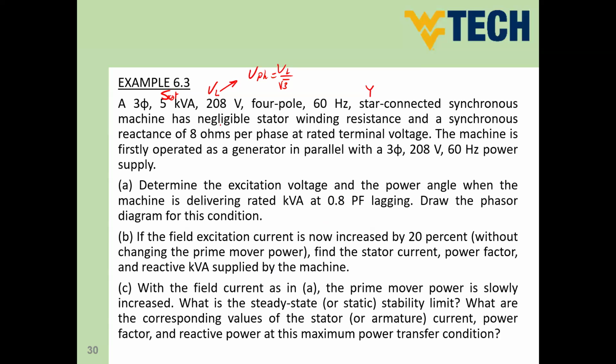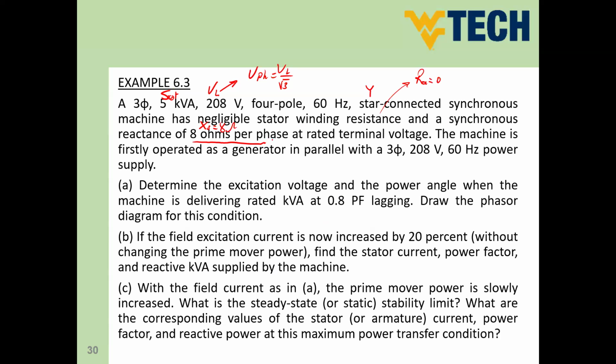Has negligible stator winding resistance, so RA equals 0. And a synchronous reactance of 8 ohms per phase. So from here we can say XS equals 8 ohms per phase, for sure.